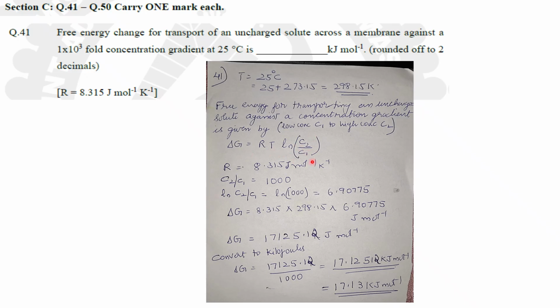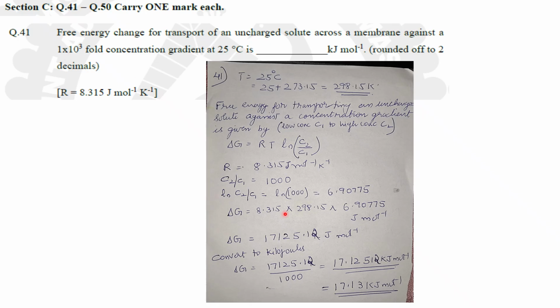C2 is the concentration inside, it is 1 into 10 raised to 3 fold. And C1 is outside. We will take it just like as 1 only.